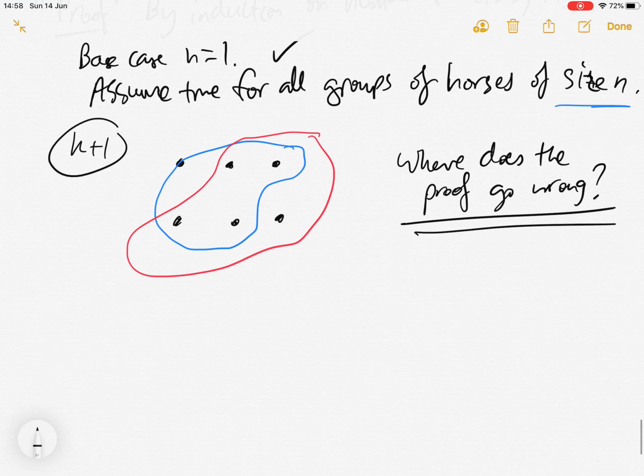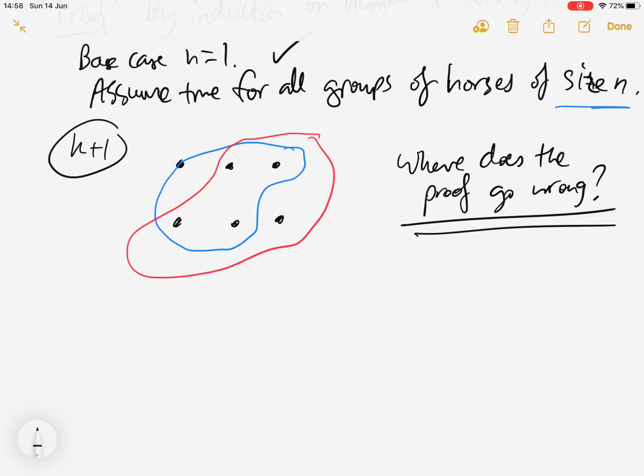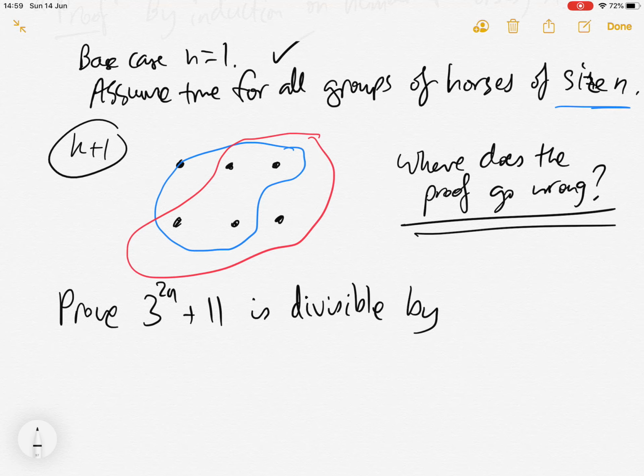So now on to divisibility. So if we want to prove an algebraic expression is divisible by a certain positive integer, then induction is often a good method for doing that. So for example, if we want to prove 3 to the 2n plus 11 is divisible by 4 for n a positive integer.